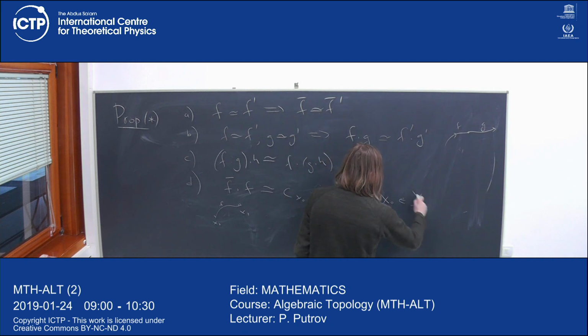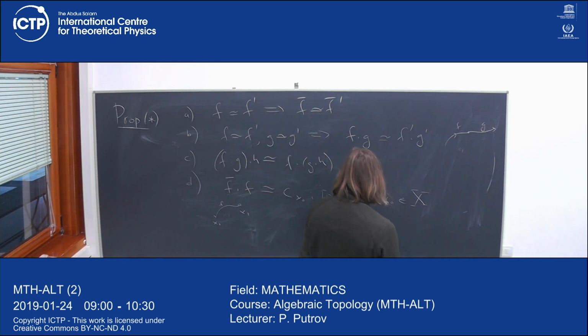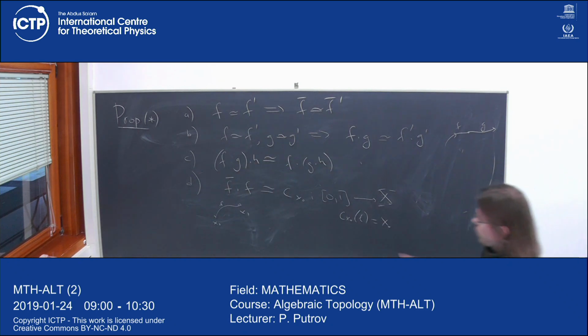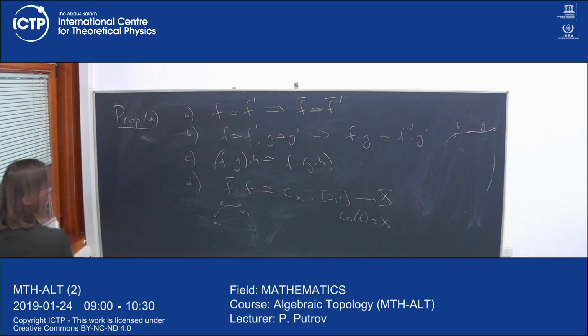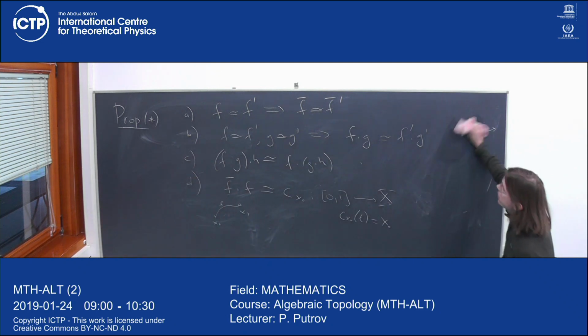Well, again, let me write it like this. That's the path to X, so that for any t. Okay. In many cases the proof is very simple, so let me just do it in a very brief fashion.